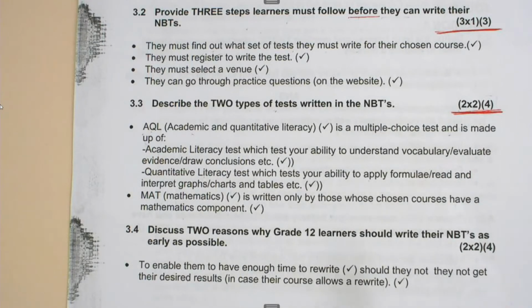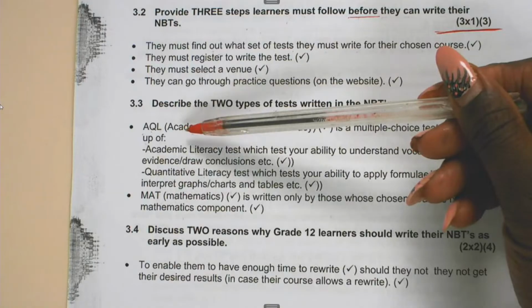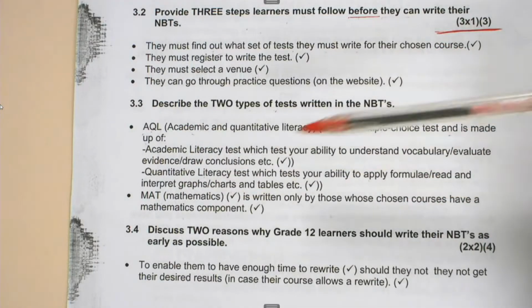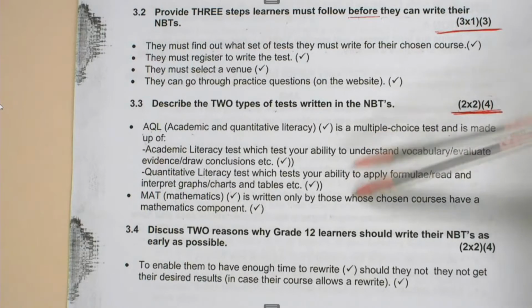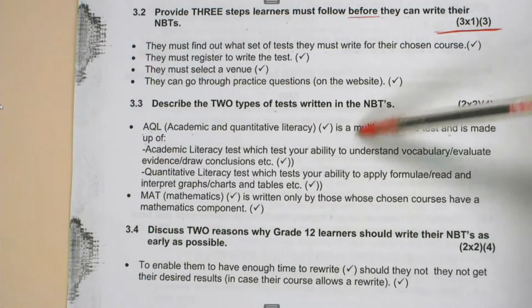The fourth question, 3.4, discusses 2 reasons why grade 12 learners should write their NBTs as early as possible. Why is it important? Remember, going back to AQL and MAT, it shows us exactly what is needed by these tests. Why are we writing this test?